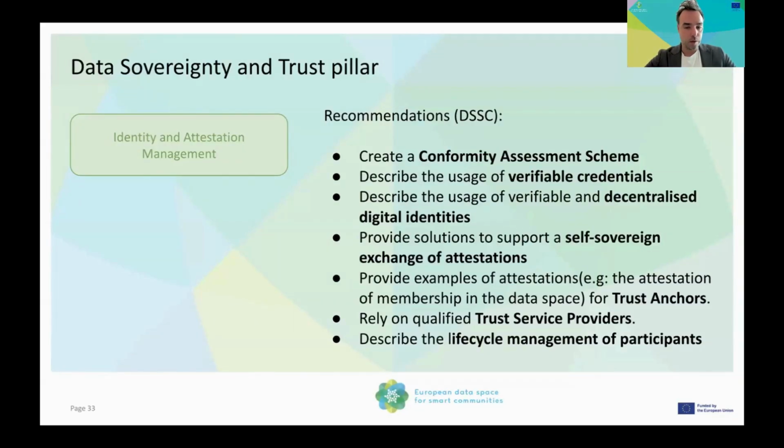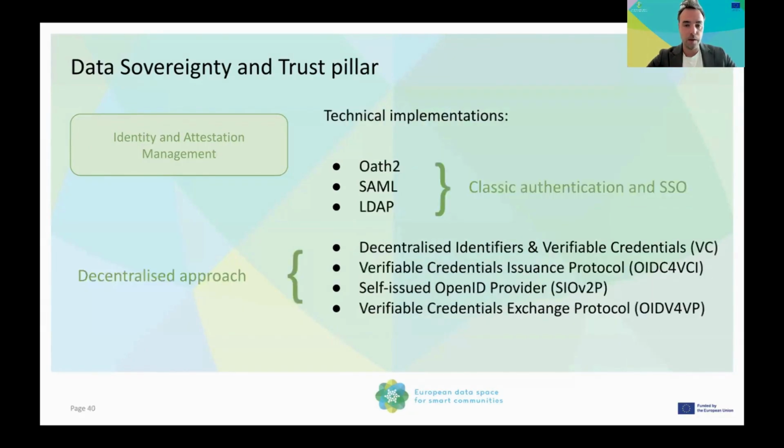The DSSC also recommends the use of verifiable credentials and decentralized digital identities. And there is some documentation here on trust anchors, service providers, and, very important as well, on describing the actual life cycle management of data space participants.